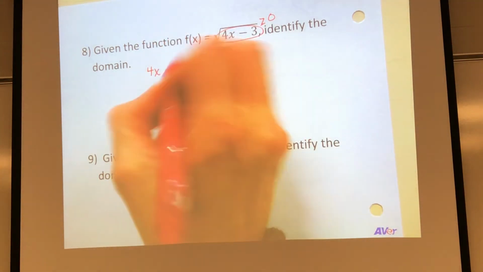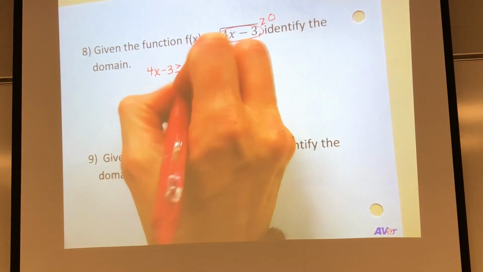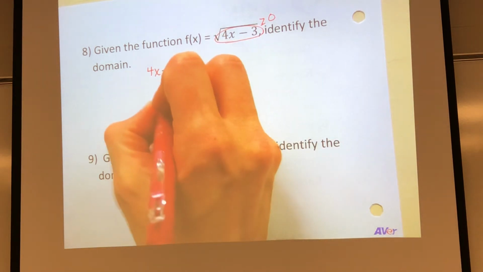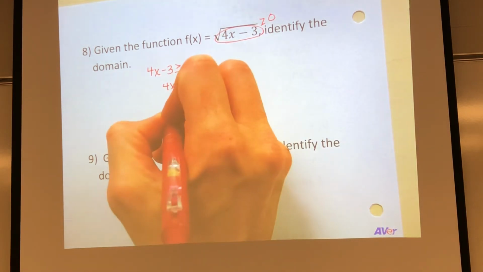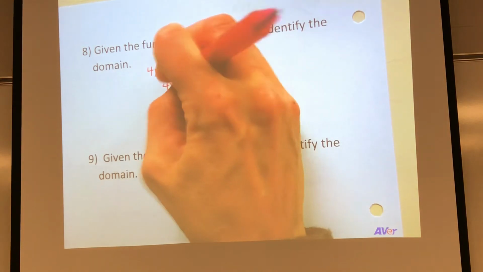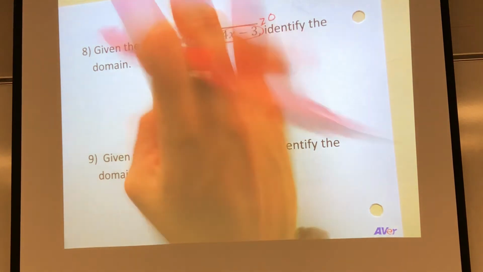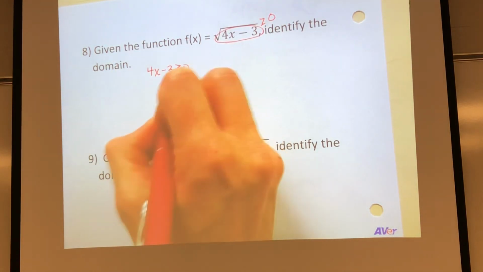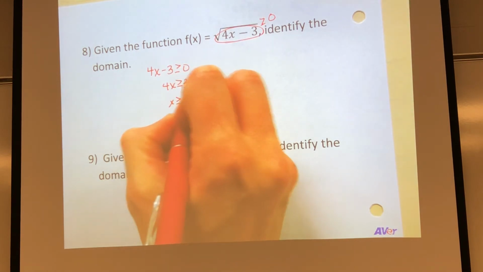So we have 4x minus 3 is greater than or equal to 0. We're going to solve that to find out that, oops, that would be 3 there. The x is greater than or equal to 3/4.